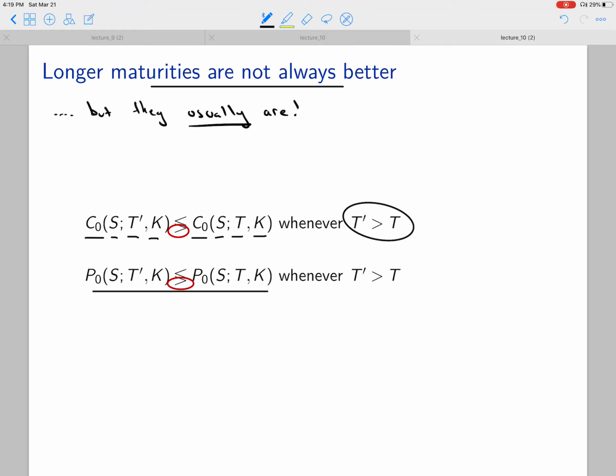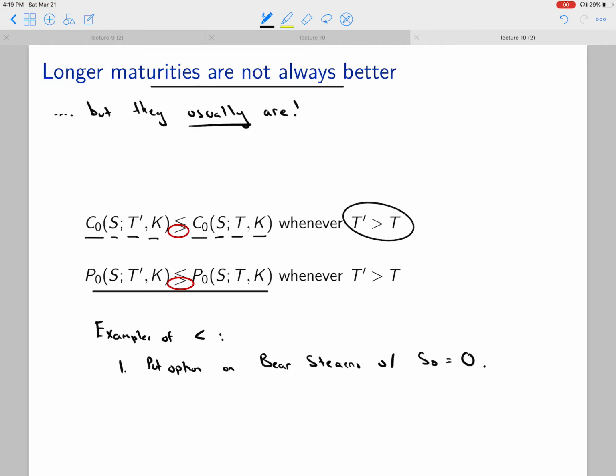The main example for the European put, of less than, is a put option on the Bear Stearns stock that we considered with the current stock price equal to 0.